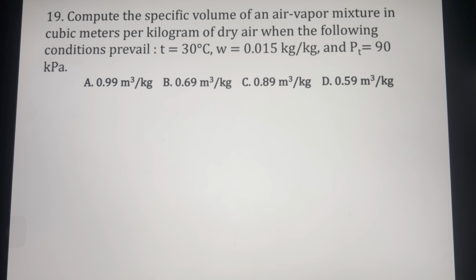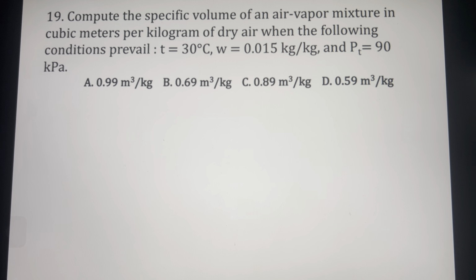19. Compute the specific volume of an air vapor mixture in cubic meters per kilogram of dry air when the following conditions prevail. The temperature is 30 degrees Celsius. Our specific humidity is 0.015 kilograms of water vapor per kilogram of dry air, and the total pressure is 90 kilopascal. So we are asked to find the specific volume.